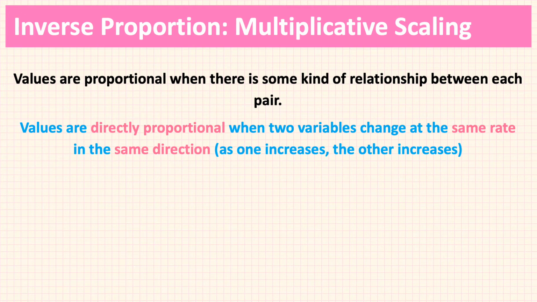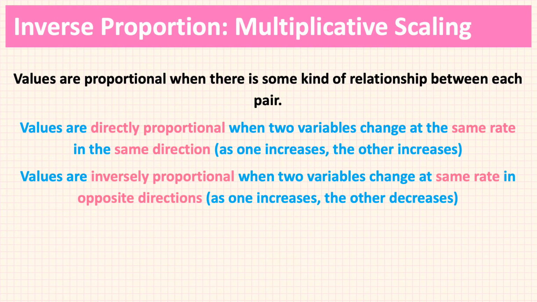So we needed to increase or decrease the ingredients by the same multiplier to make sure that they're all in the same proportion so that the recipe works. Okay, we can also say that values are inversely proportional when two variables change at the same rate but in opposite directions. Therefore, as one increases, the other decreases.